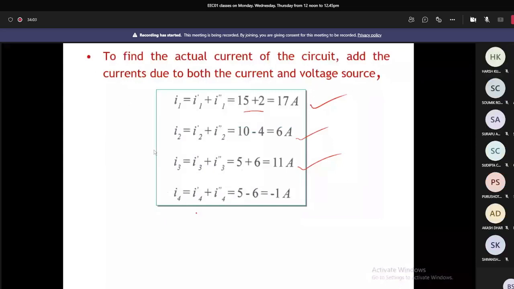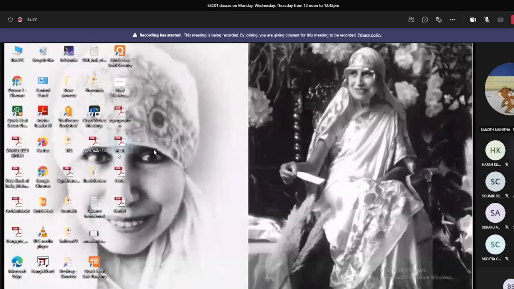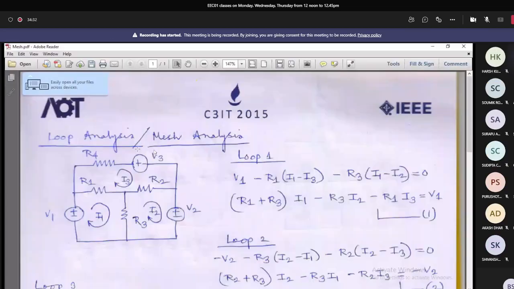Okay. So this is how each and every source you have to take care of, and then you have to solve. One, I think I have shared with you. Just let me come out of this and show. It is already uploaded. You will find one folder I have prepared, where I have provided the calculation which we did in class for the loop analysis, because it was not properly readable through slides.